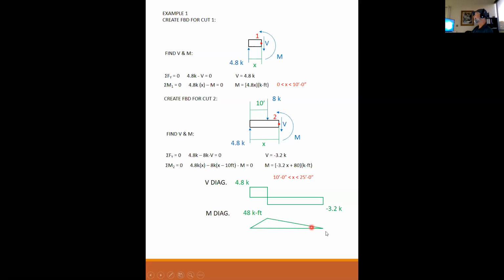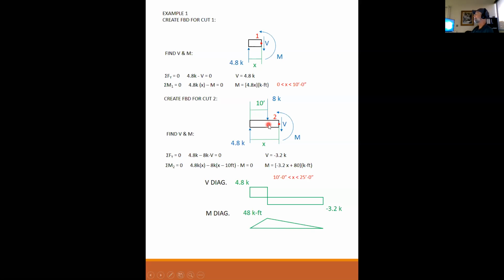Then we go on to this side. And again, I have the equation for a line. So if I plug in 10 feet into this equation, I have minus 32 plus 80 is again 48. This is a good check for you because there's no applied moment at this point.